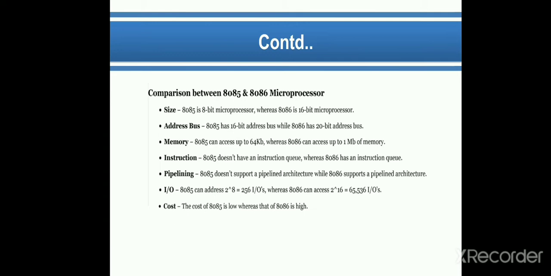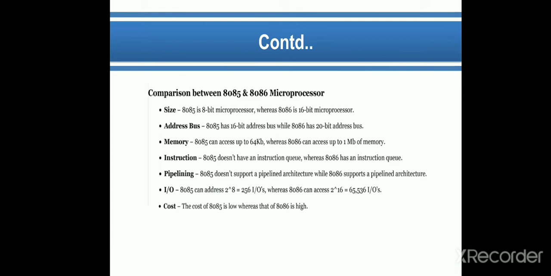After that, the address bus. 8085 has a 16-bit address bus and 8086 has 20-bit. For memory, 8085 has 64 KB and 8086 has 1 MB. Instruction queue: 8085 doesn't have any instruction queue, whereas 8086 has an instruction queue.